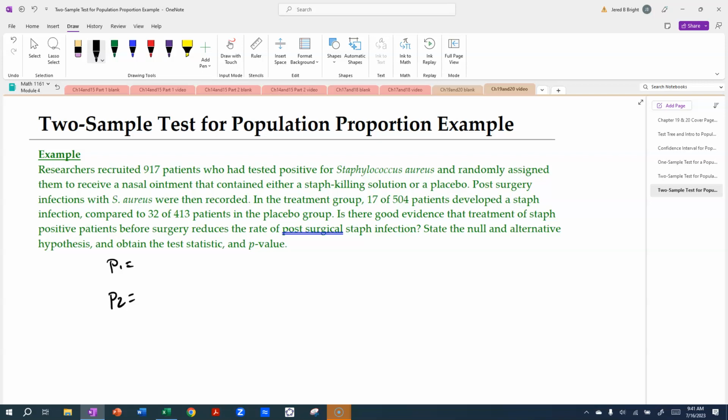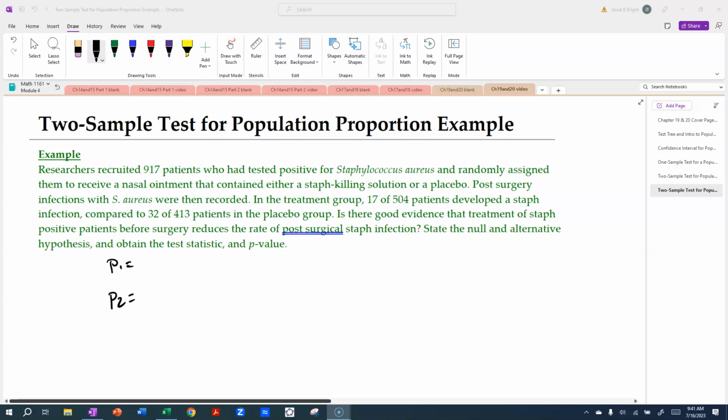There are patients that received the treatment, and then there were patients that received the placebo. So P1, let's go with the treatment group.